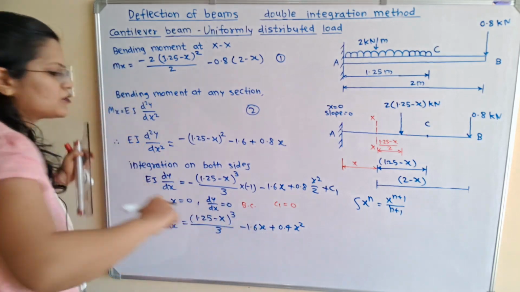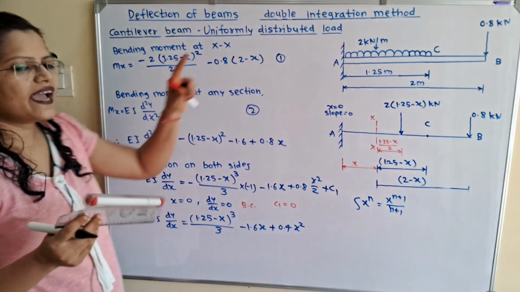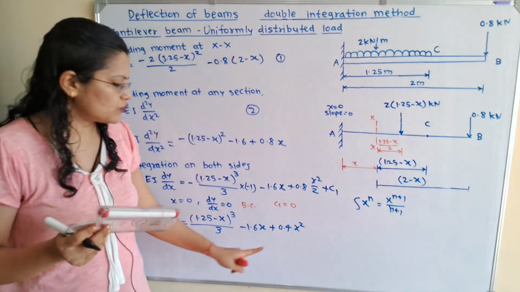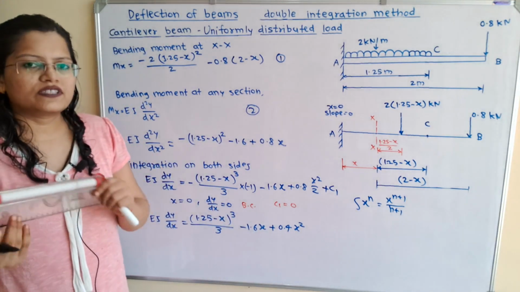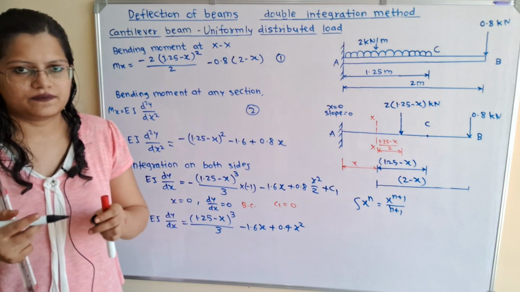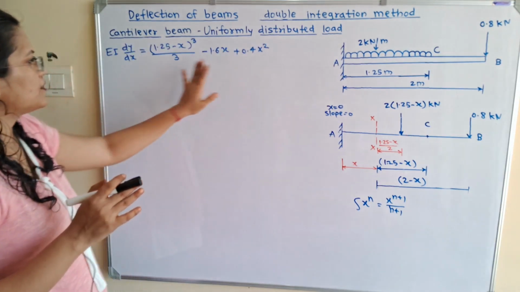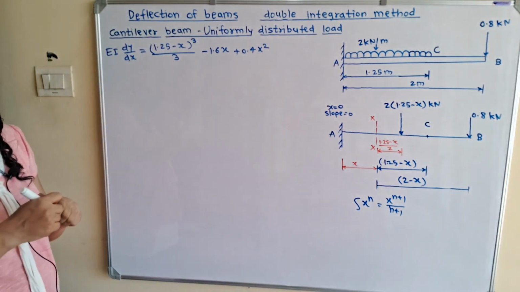So this is the slope equation. Now we have to find out the deflection, so we will integrate this equation to find out the deflection equation. Now we will take the integration on both sides of this slope equation.